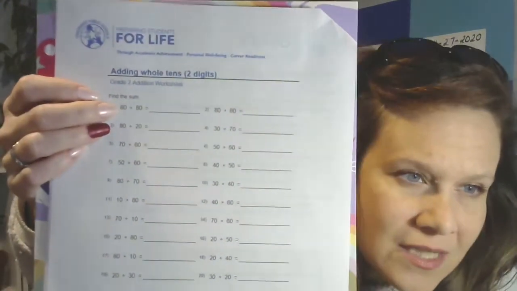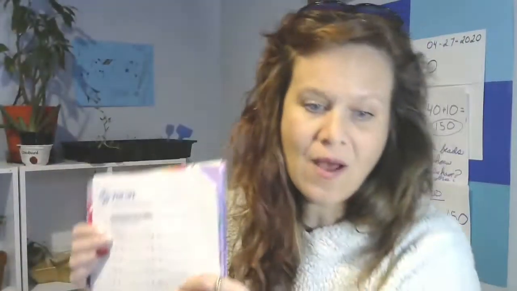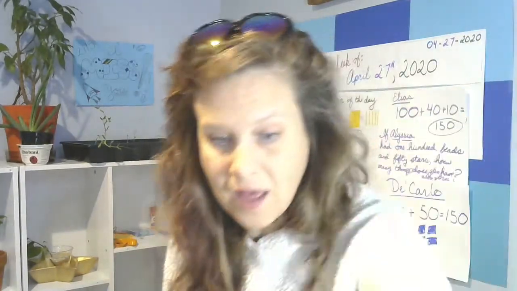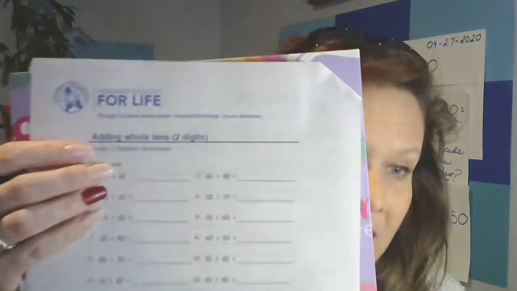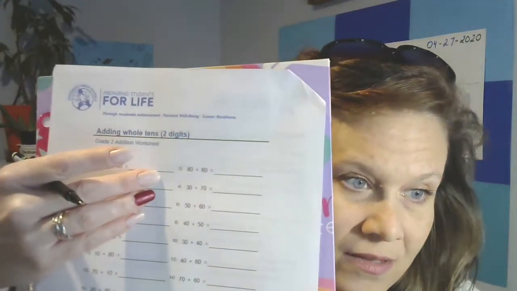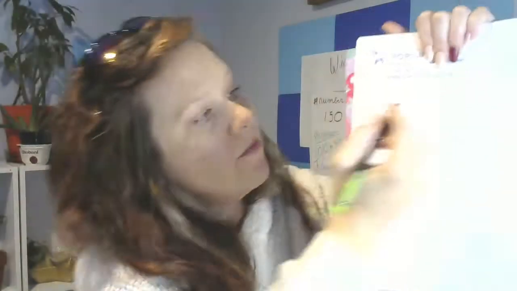Let's look at this very first problem together. There are 0 units, and if there are 0 units in any of my numbers, then I'm not going to have any units in my answer. So I can just go ahead and write 0 units.